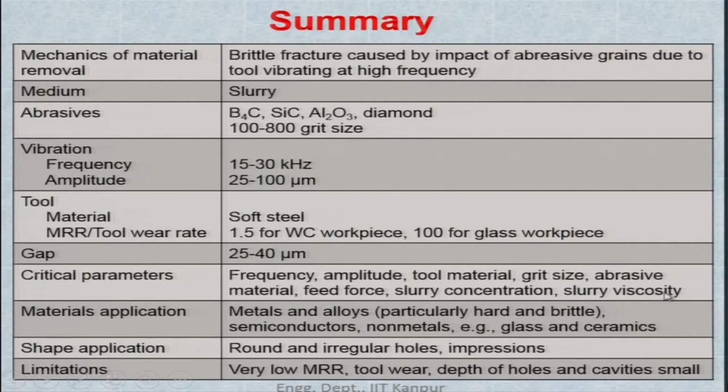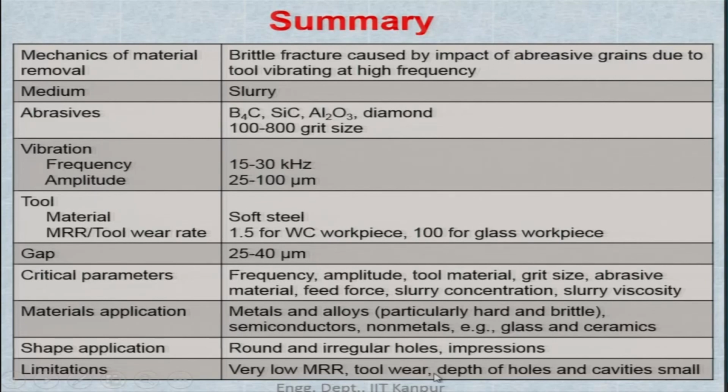Critical parameters, we already said that. Material application: metals and alloys, particularly hard and brittle materials, semiconductors, and non-metals, for example glass and ceramics. Shape application is round and irregular holes and impressions. Limitations: very low material removal rate.